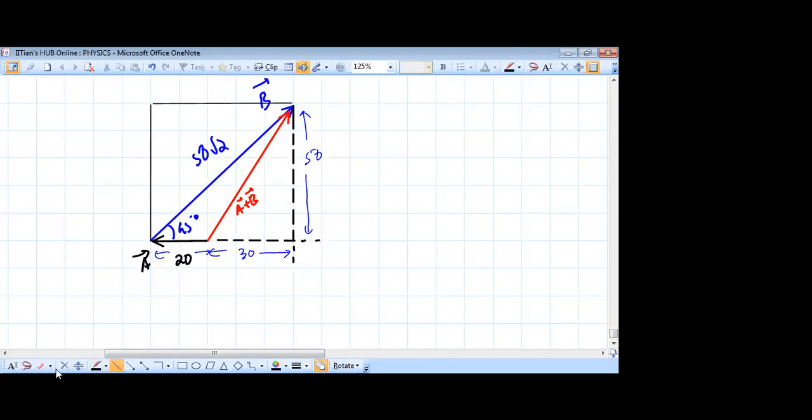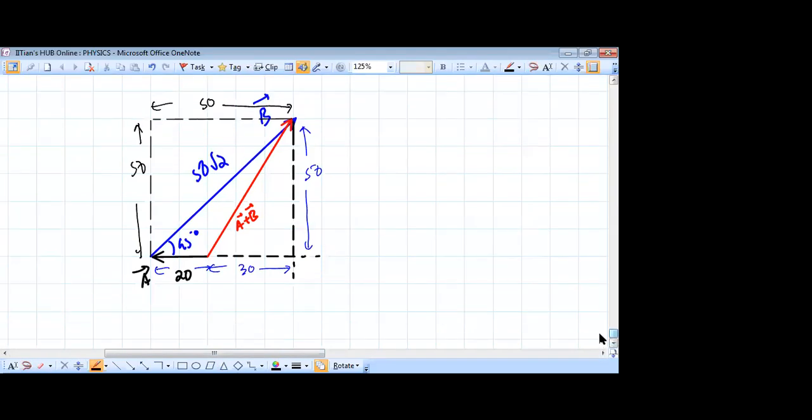If I make a more exact diagram, you don't need so much accuracy in the diagram, as I told you, but this is just for demonstration. So this side is 50.